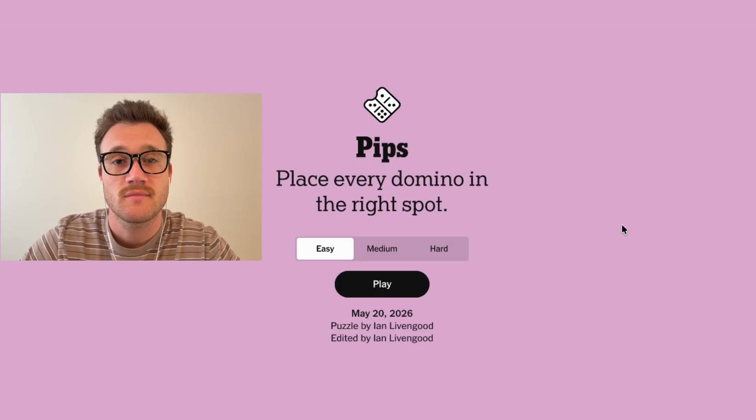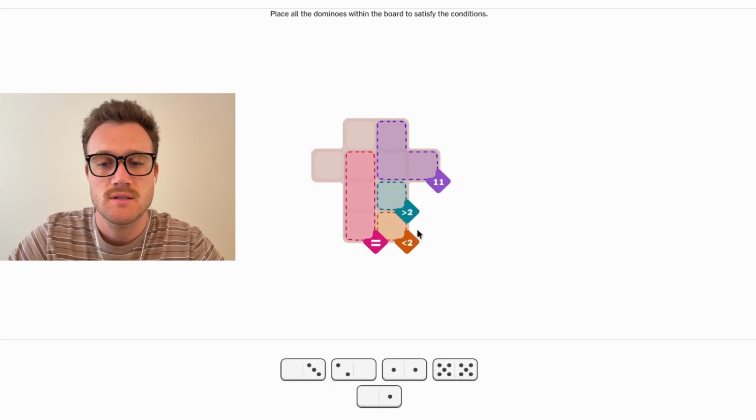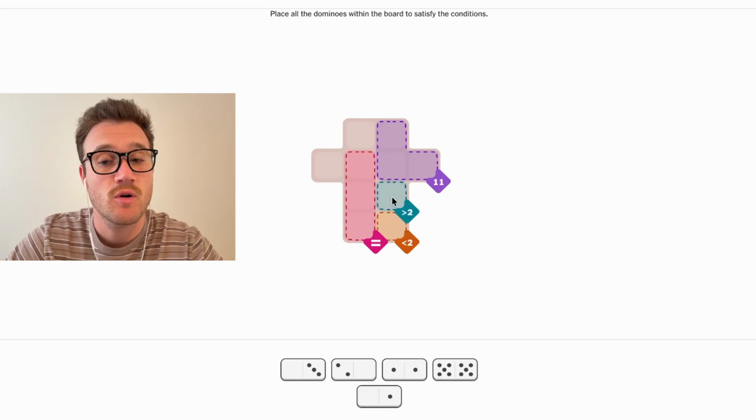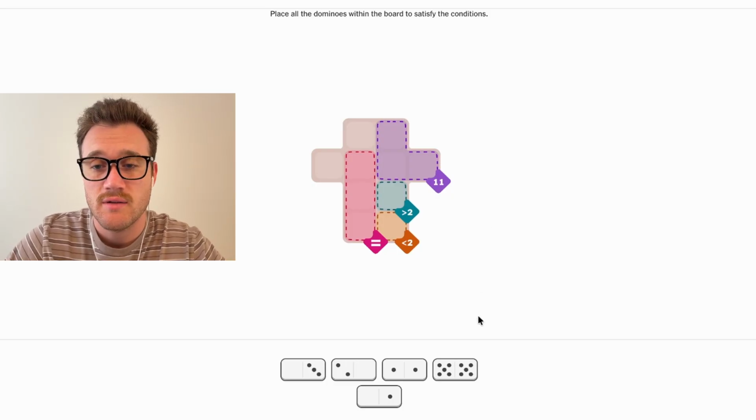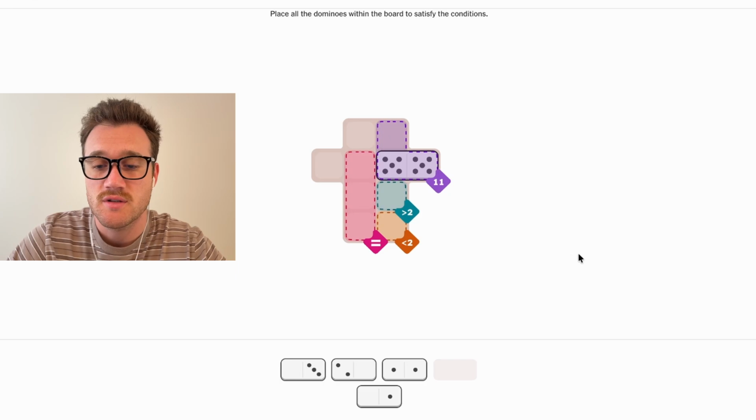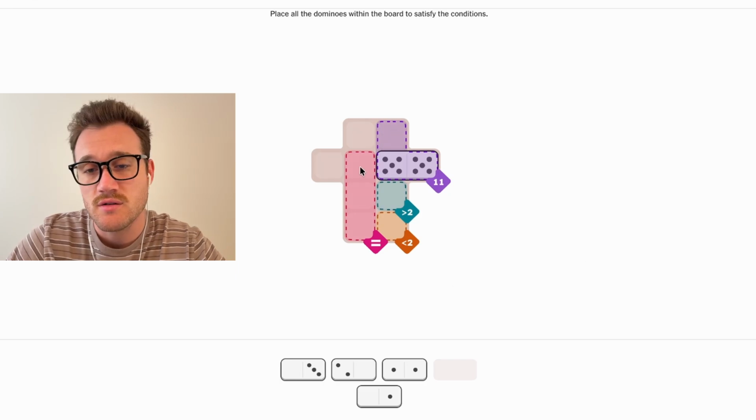Let's do the pips. We'll start with the easy. All right, less than 2 here, greater than 2 here, 11, and 3 of a kind here. So for the 11, I believe we're going to have 2 of these 5s. We're going to need a 1 going across here. This goes across here.